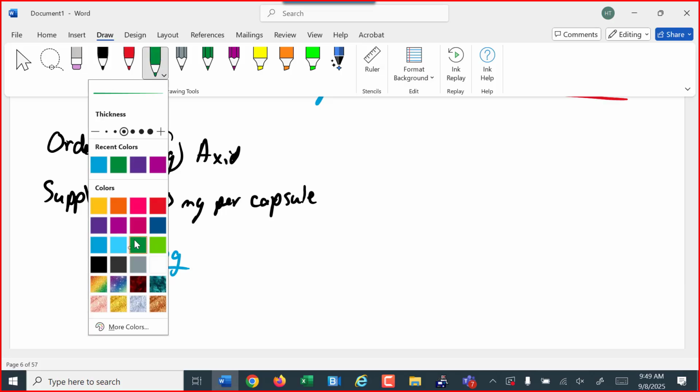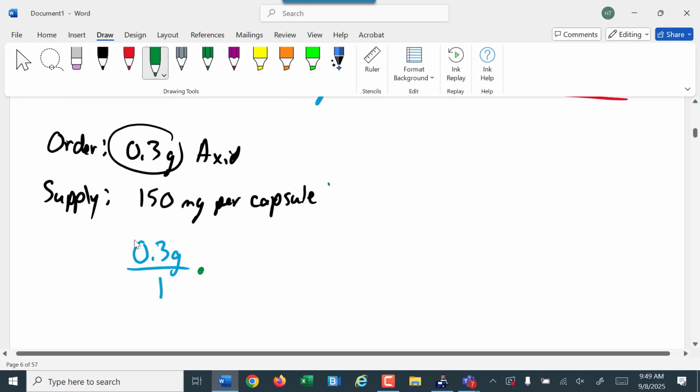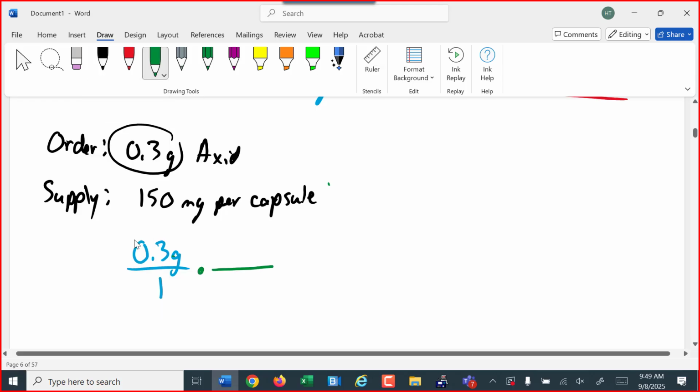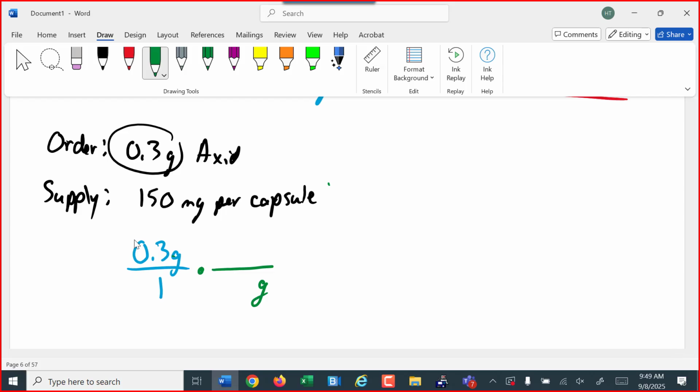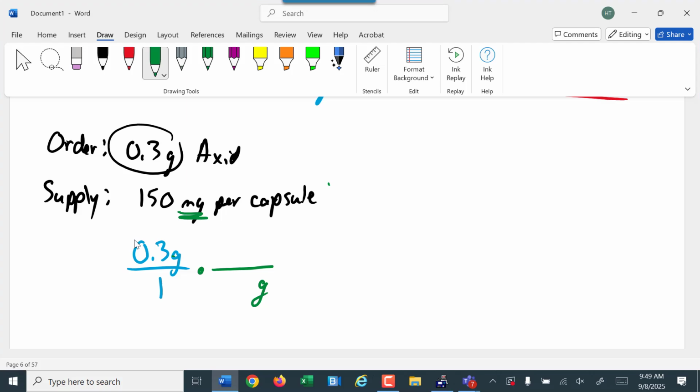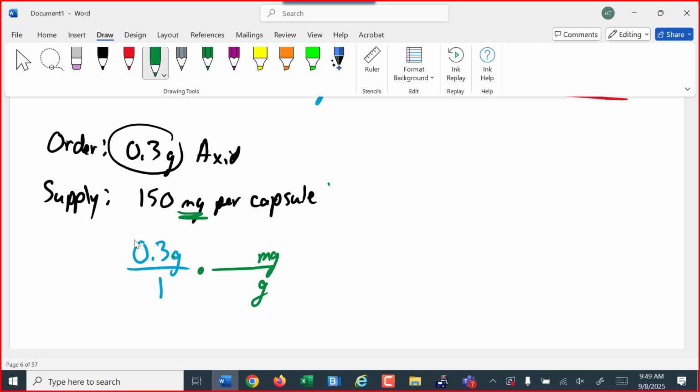To do my conversions now, this is in grams, so one of the first things I'm going to do is get rid of grams. Well, right now there's nothing else that's in grams. But I find that I have something in milligrams, so if I convert from grams to milligrams, then I can continue to go on. So 1 gram is 1,000 milligrams.